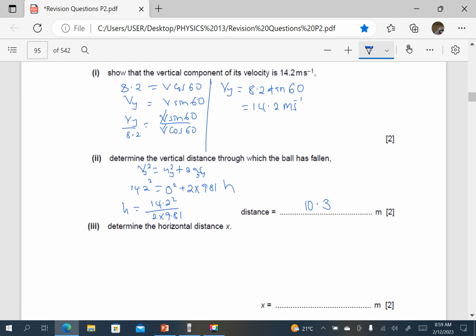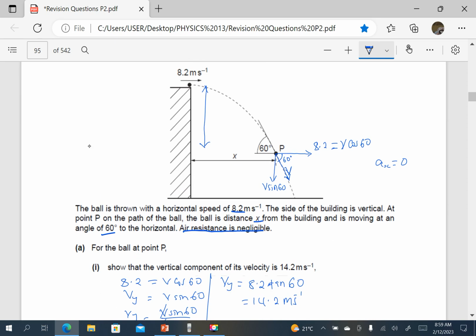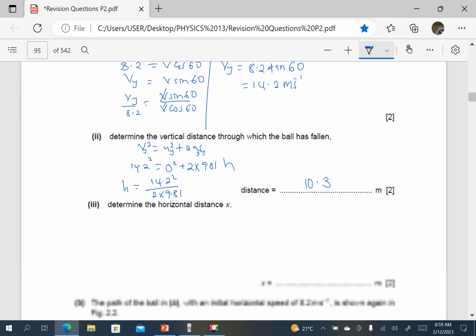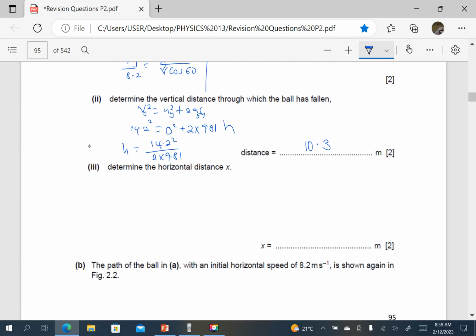Then determine the horizontal distance x. We shall consider horizontal motion. So s in the horizontal is equal to initial velocity in the horizontal times t, plus a half acceleration in the horizontal times t squared.